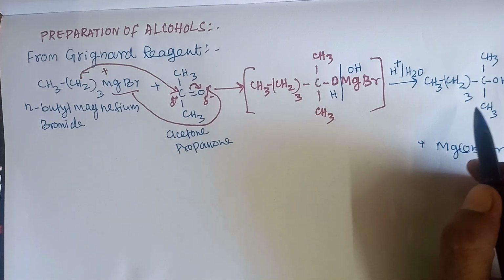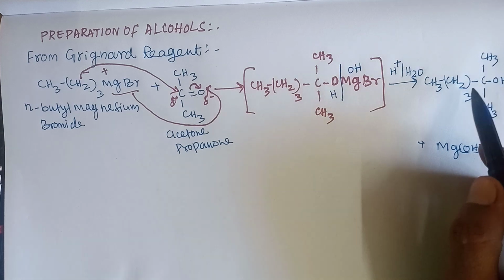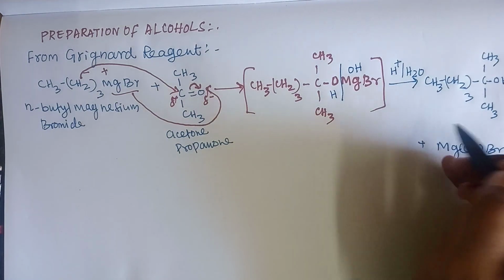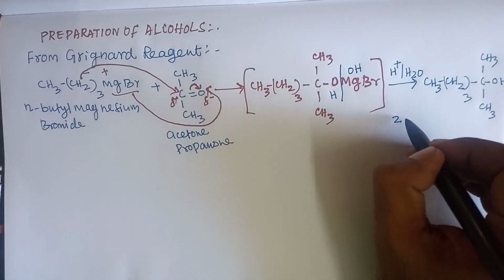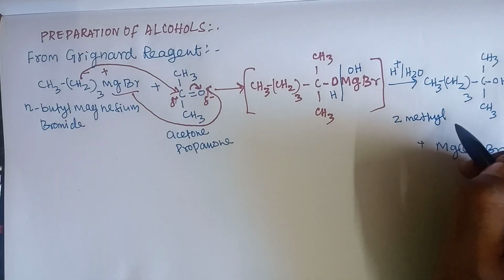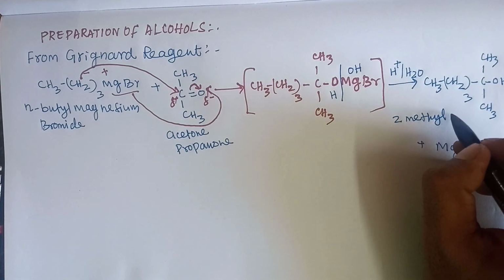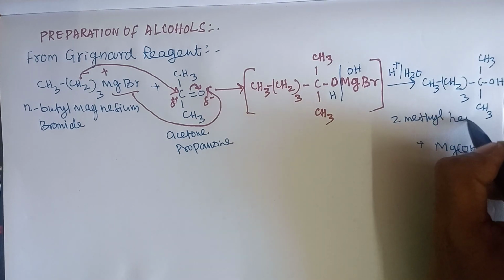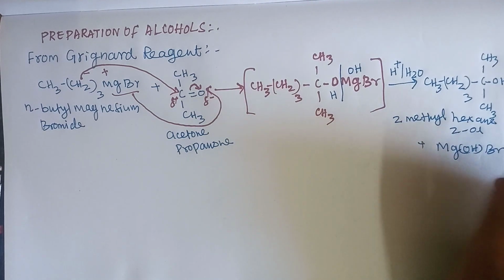In the second carbon there is a methyl group also present, so we can say 2-methyl hexane. Here the OH group is also present in the second carbon, so we can say 2-methyl hexane 2-ol.